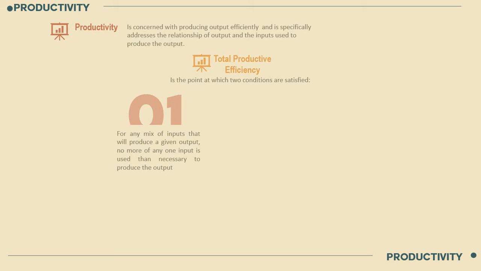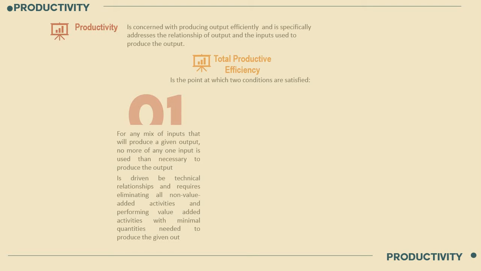The first condition is for any mix of inputs that will produce a given output, no more of any one input is used than necessary to produce the output, and it is driven by technical relationships and requires eliminating all non-value added activities and performing value added activities with minimal quantities needed to produce the given output. So the first condition pertains to the technical efficiency.